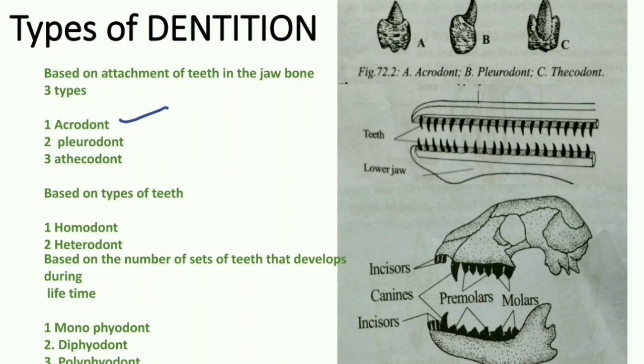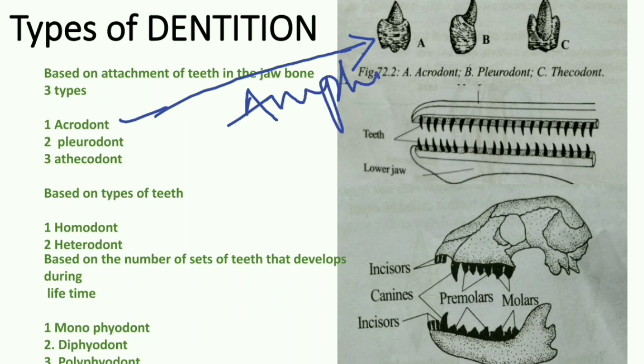First, acrodont. In this type of dentition the teeth have no roots and are fused to the edge of the jaw bone. Acrodont dentition is seen in lower vertebrates like amphibians and reptiles.